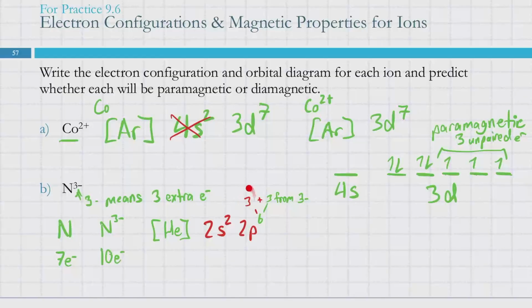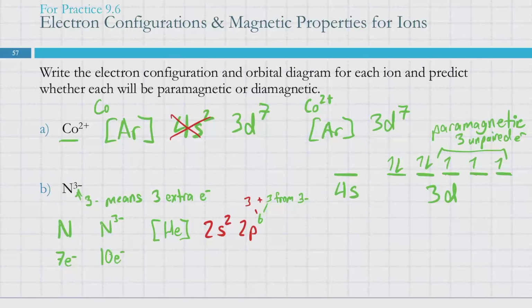So we've got our original 3 that nitrogen always has, and then we have an additional 3 from our 3- charge. The other way we could think about this is if we're looking at the periodic table, if we move 3 spots over to the right for 3 electrons added, it's like we're neon. And so we just fill it in like we're neon.